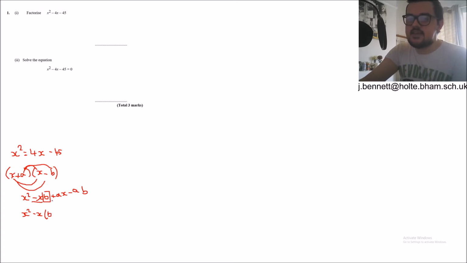Now this thing here is positive, and how do you get a positive? If you take out a negative from a positive, you're left with a negative, because a negative multiplied by a negative gets you the positive you were looking for. So we're going to do minus a, because when you have minus a multiplied by minus x, you get positive ax. And at the very end, we're going to have minus ab, which is grand.